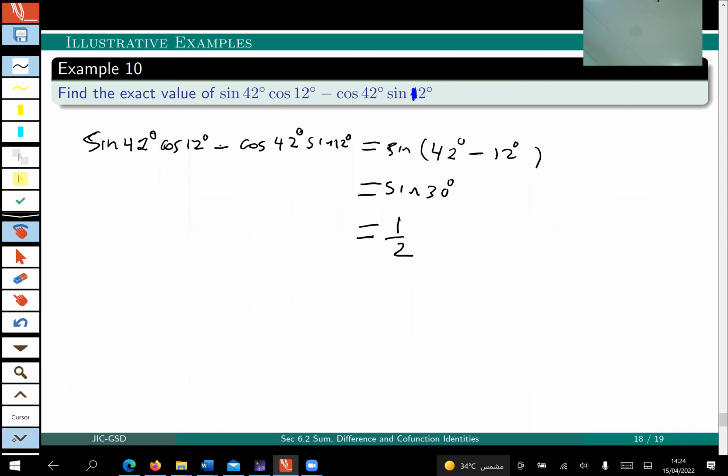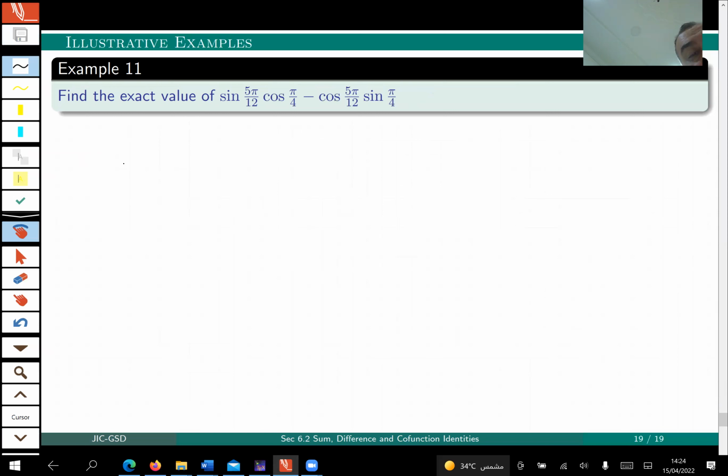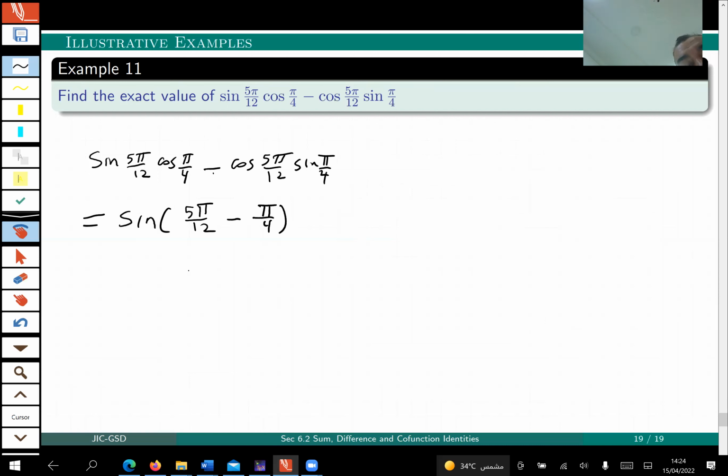We'll take the next example: sine 5 pi over 4 cosine pi over 12 minus cosine 5 pi over 4 sine pi over 12. It's the same thing here, guys. It is sine, cosine, and sine preserves the sign. The denominator 4 is a multiple of 12, so if we multiply by 3 up and down, this is 5 pi over 12 minus pi over 4, multiplied by 3 gives 3 pi over 12.